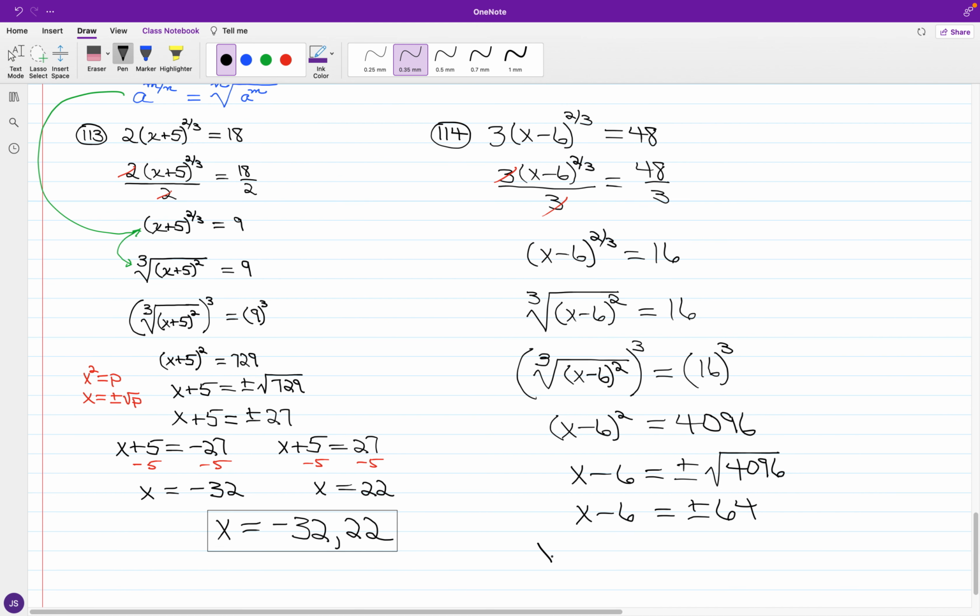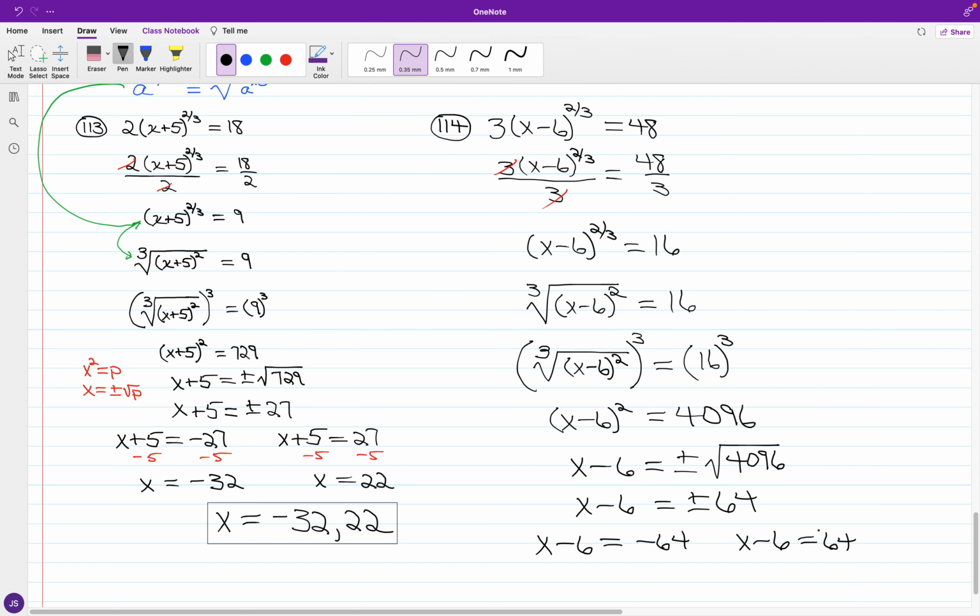And so for x, we have two values to apply. One is where x minus 6 is equal to negative 64, and also where x minus 6 is equal to positive 64.